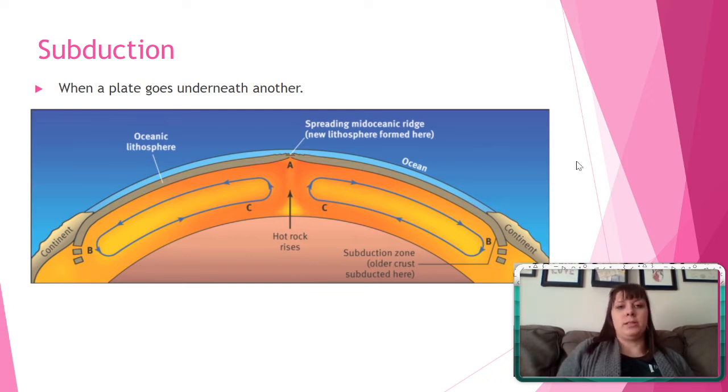Subduction is when a plate goes underneath another plate. So here in the middle we have our seafloor spreading. More and more crust is being made, and there's only so much room. So here we have the oceanic crust going under this continental crust. This is subduction. Then it comes down and melts and could end up becoming part of this new oceanic crust.